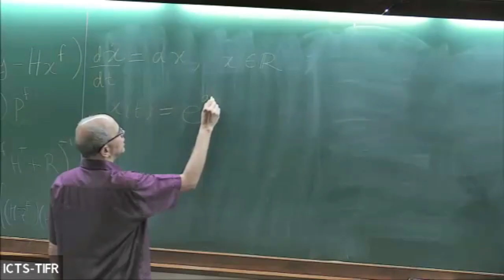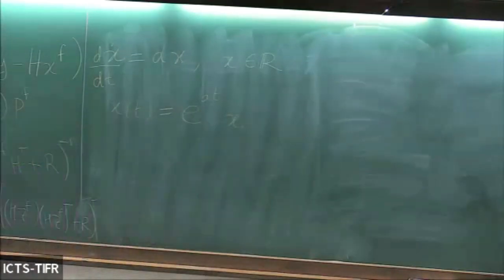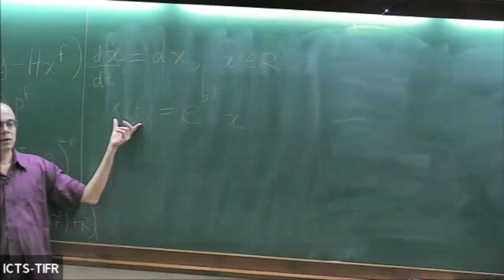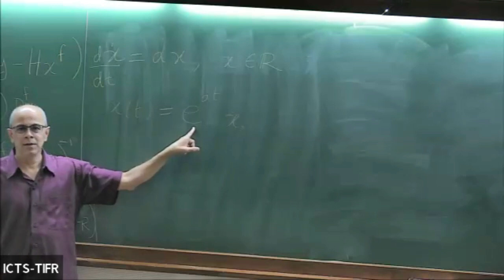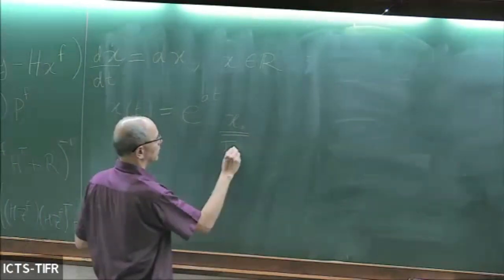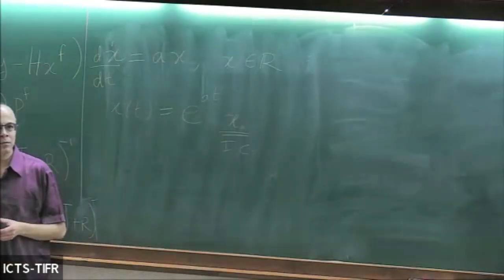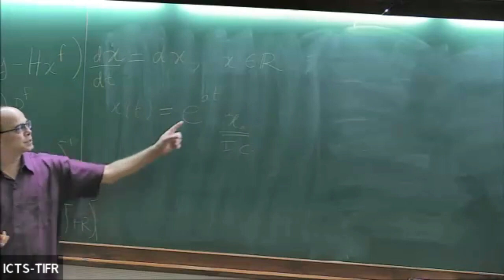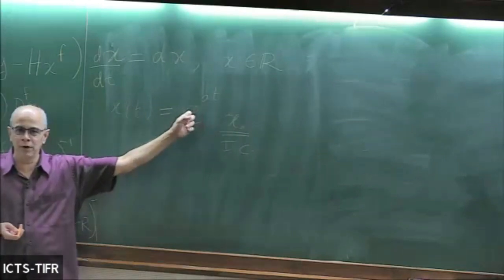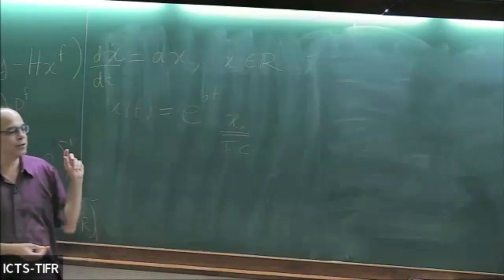So it is e to the power at times x naught. So at time t equal to 0, this is 1, it is x naught. So this is called the initial condition, and this is the solution. So if A is positive, if A is negative, what happens as t goes to infinity?